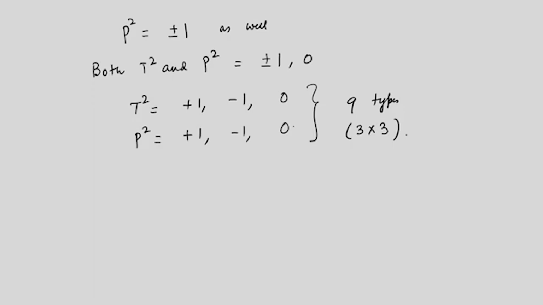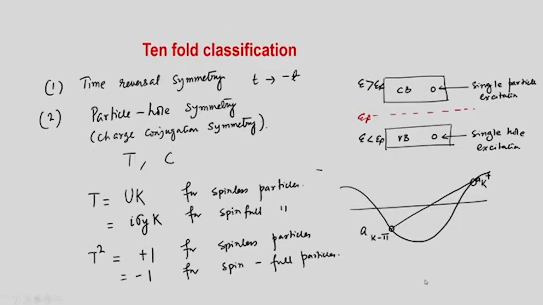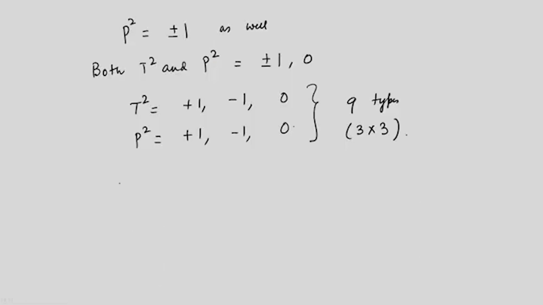So 9 values for these T squared and P squared, based on +1, -1 and 0, are present in the system, but we have talked about a 10-fold symmetry classification of materials, and this 10th one is really coming from another symmetry called chiral symmetry, which we have seen as well in certain situations. And this chiral symmetry, let's write it with S, is nothing but a product of the PT symmetry.